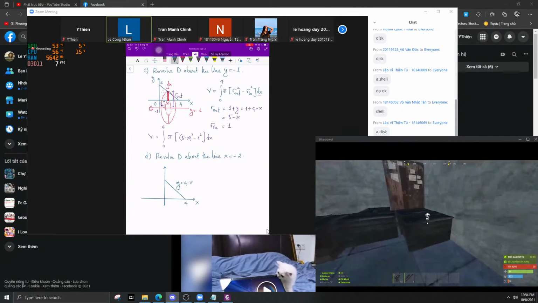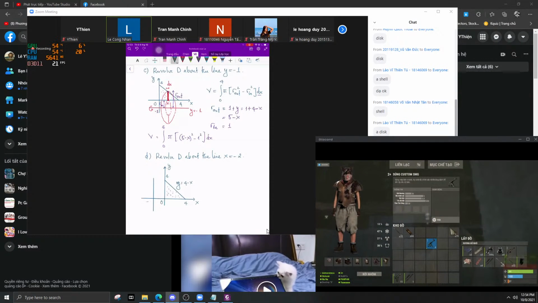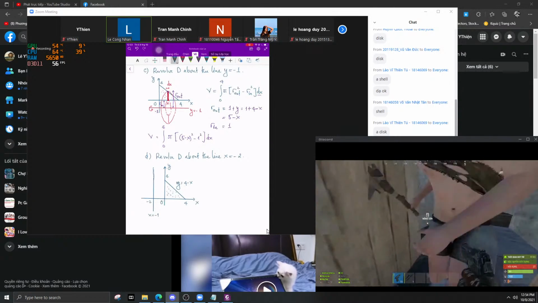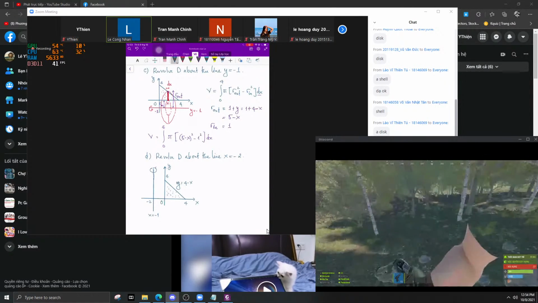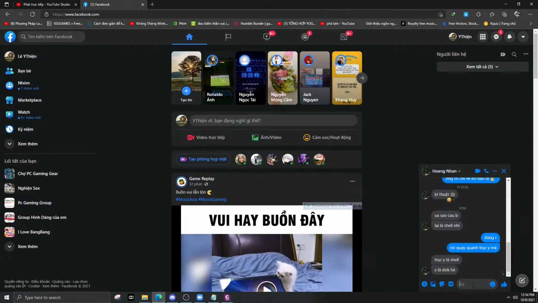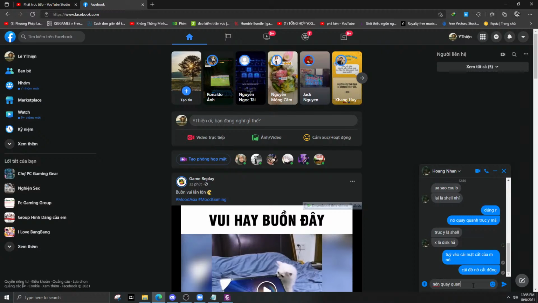Now the axis of revolution is x equals -2. If we rotate the region about this axis of revolution, we get a solid of revolution. To compute the volume of this solid, we will choose a representative rectangle with a very small width, that is a very small change in x, which we call dx, at the x position.